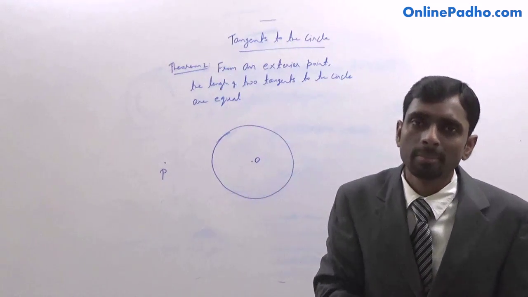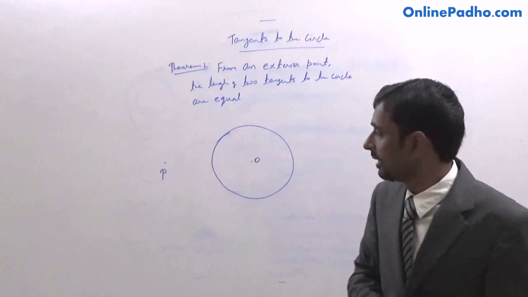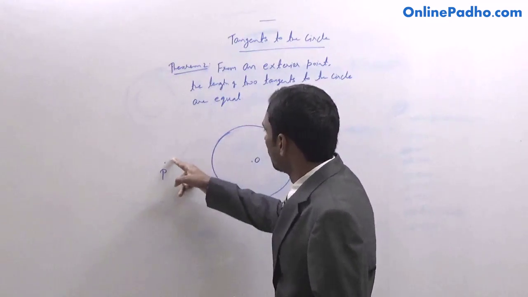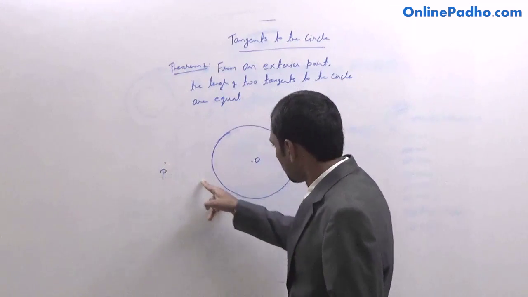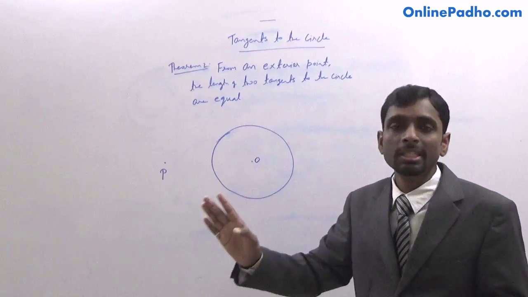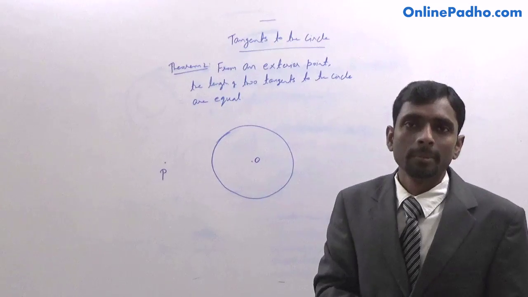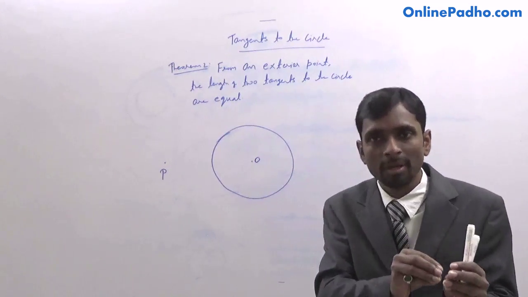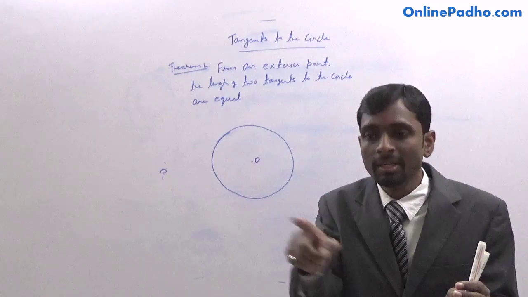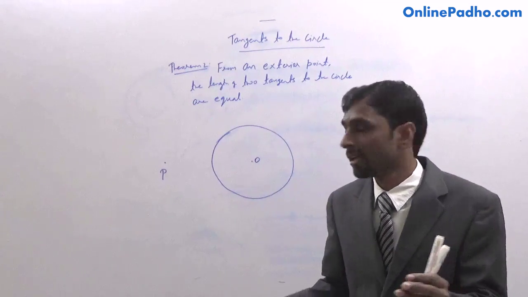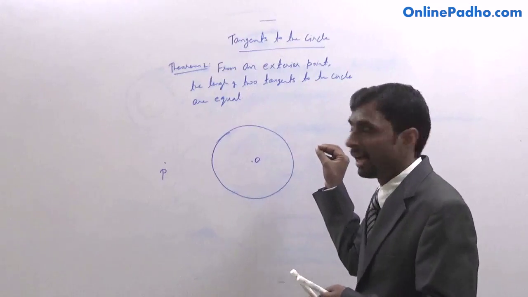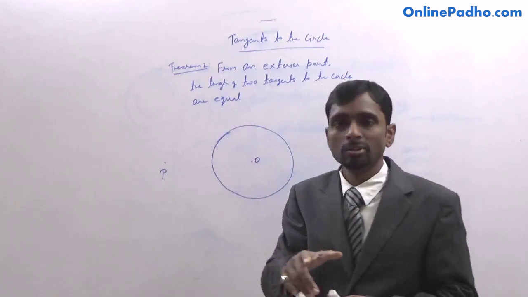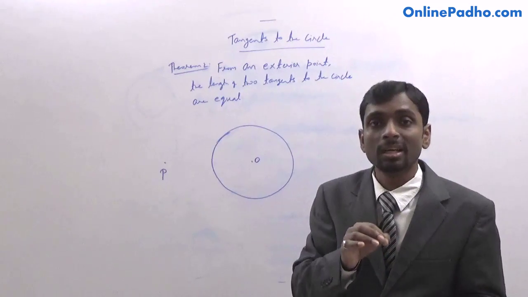We can draw only two tangents which pass through the point P, which is exterior to the circle. And the question is, the lengths of both the tangents are equal. So we need to prove both the tangents are equal.